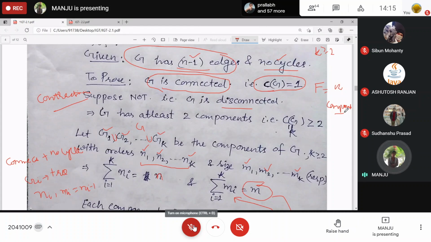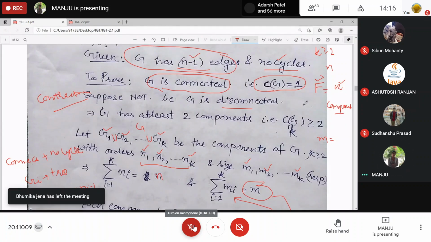Connected plus acyclic becomes a tree. So it is given that the forest is a collection of k trees, and the order of the forest is n. Then what can you say about m? A forest of order n having k components.